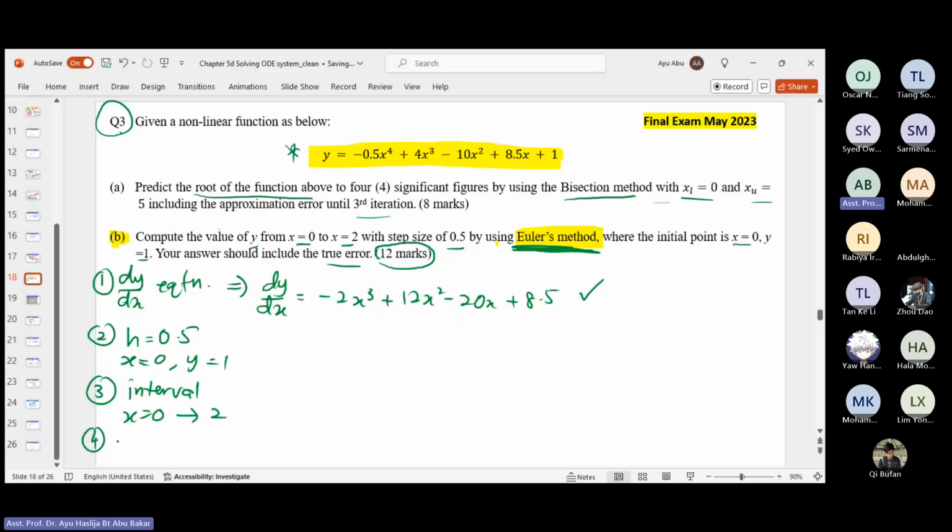Euler's method, using the Euler's equation. Okay, then only you can generate your table.